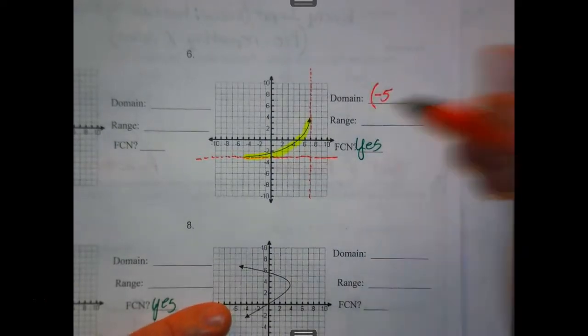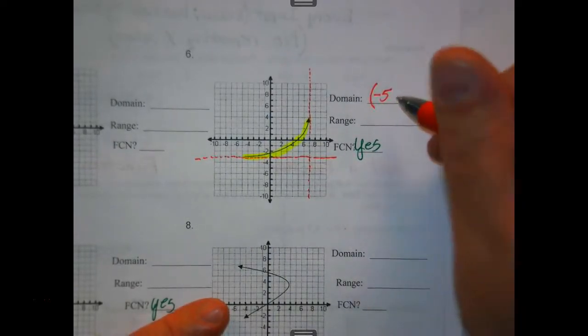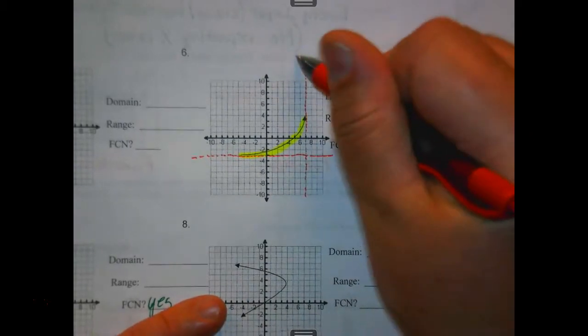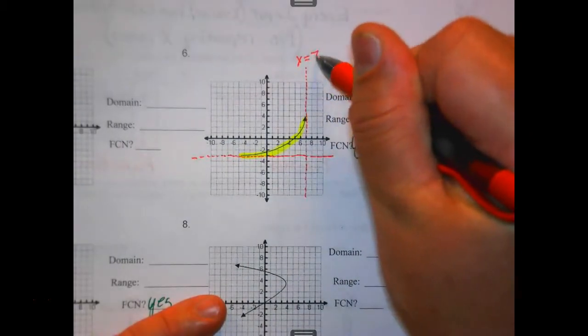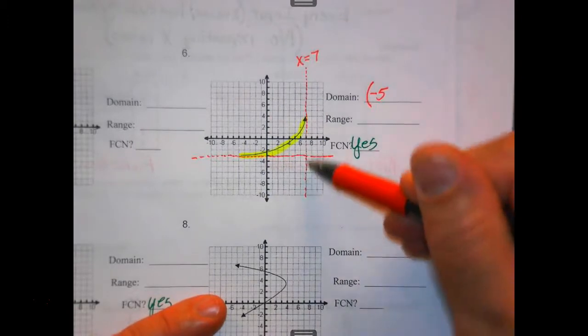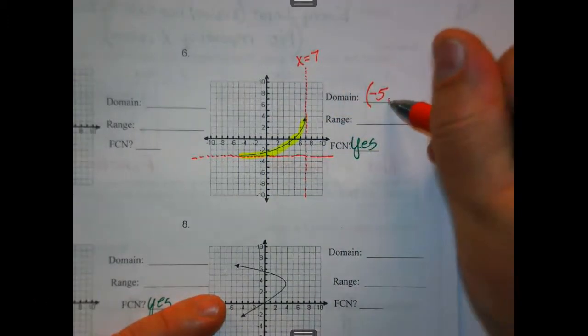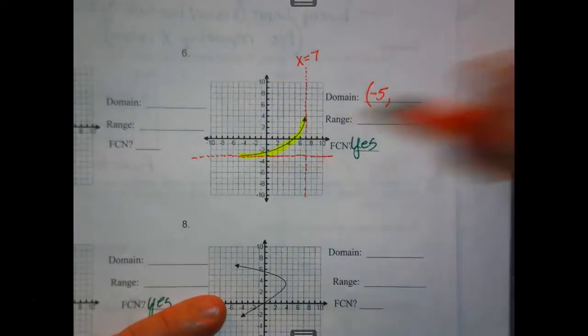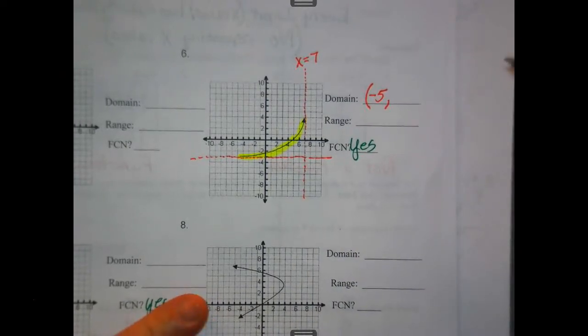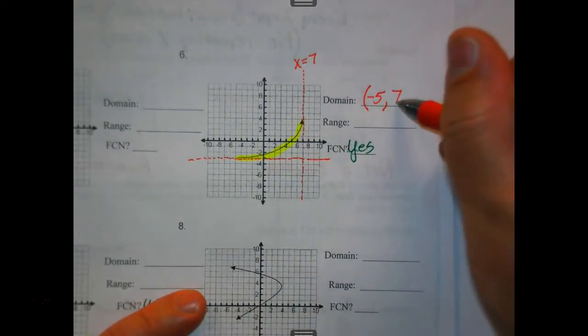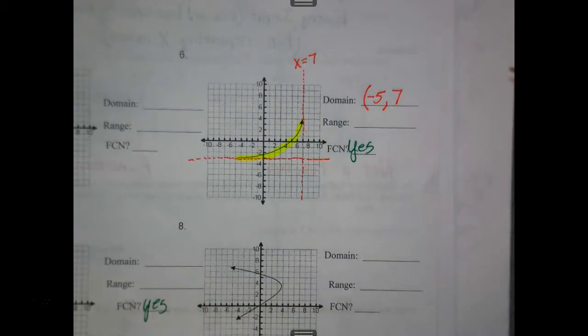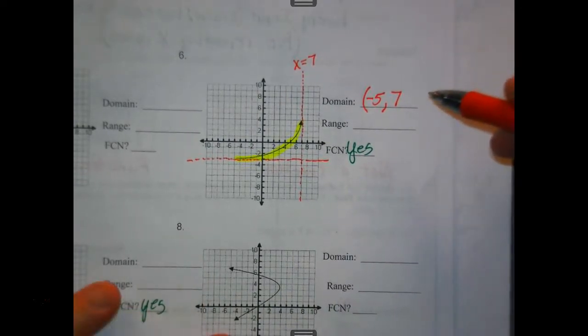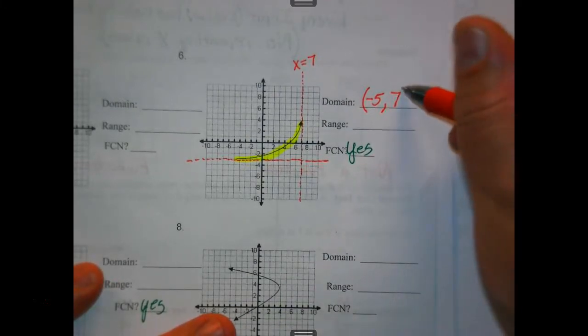Parenthesis. Okay. Again, this is x equals 7. This boundary here. So what's going to be my high number for x? That's right, 7. Now, it never reaches it or crosses it. So does it get a bracket or a parenthesis? Good.